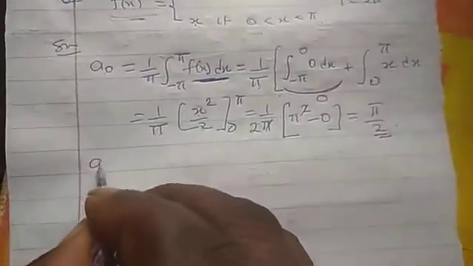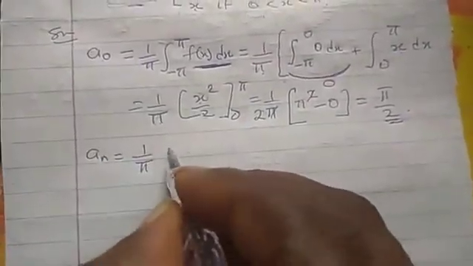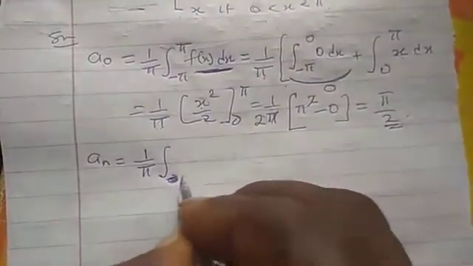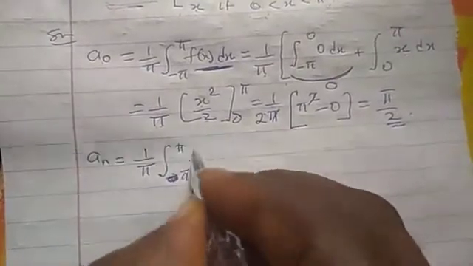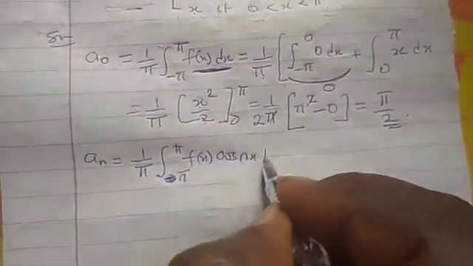The next thing we should take note of is our a n. You have to find this. That one is 1 over pi, integral from minus pi to pi of f of x cos nx dx. That is our a n from the definition of Fourier series that I gave you, as you can see it once again.